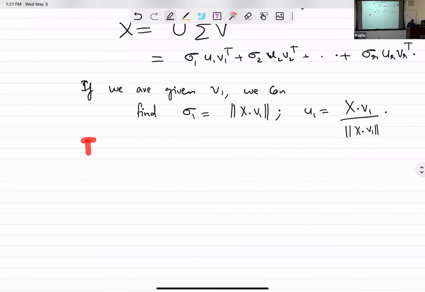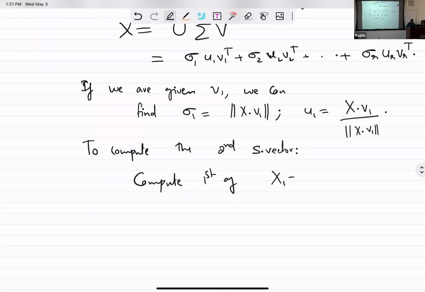So technically, to compute the second singular vector, you first compute x1 equals x minus sigma 1 U1 V1 transpose.